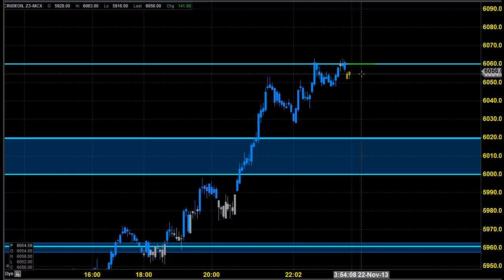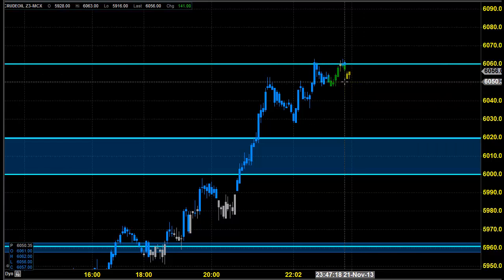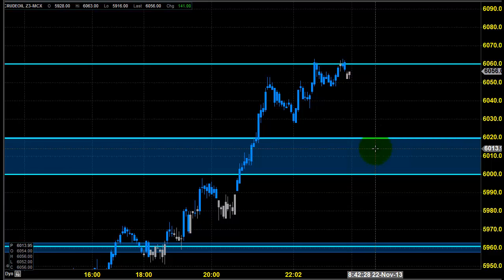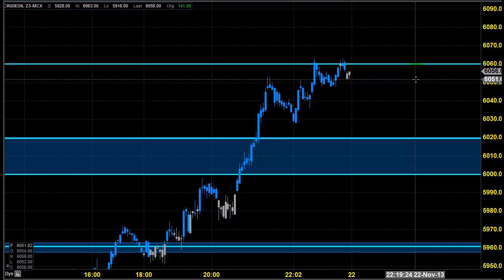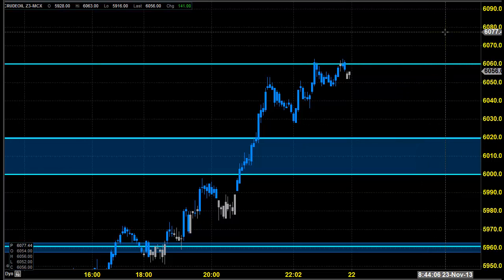In other terms, after testing 6060, there can be a lot of possibilities for the price to come down and test this key zone of 6020 and 6000. If there is good buying in the crude oil market, the price will come down and test this key area again, and it will put a closing above 6020 or above 6060s to indicate that there is very good buying in crude oil that can reverse the trend.